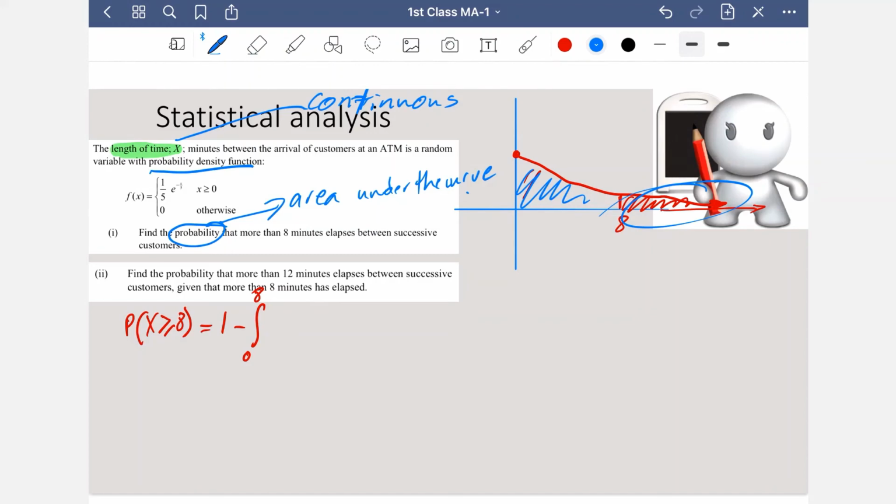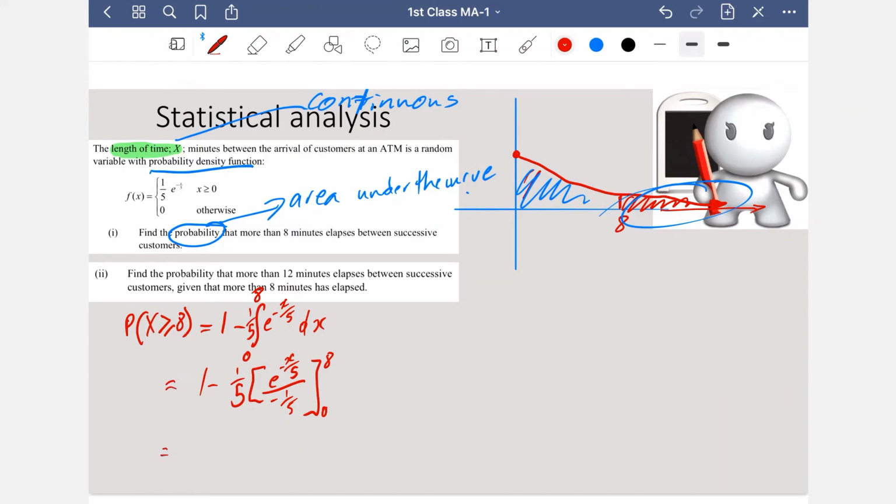Okay, so let's do that. So it's the integral of, well, it's 1/5. I'm going to take that out because that's a constant. e to the power of negative x on 5 with respect to dx. So it's going to be 1 minus a fifth multiplied by e to the power of negative x on 5. What's the derivative of that? Well, it's negative a fifth, and I need to calculate the area from 0 to 8.